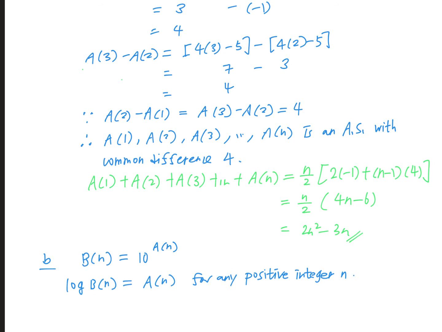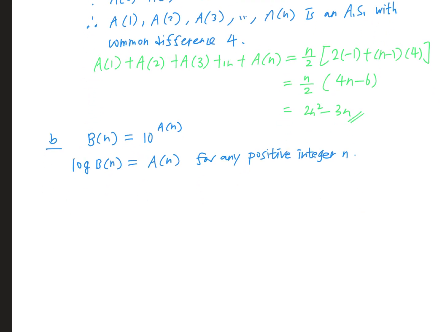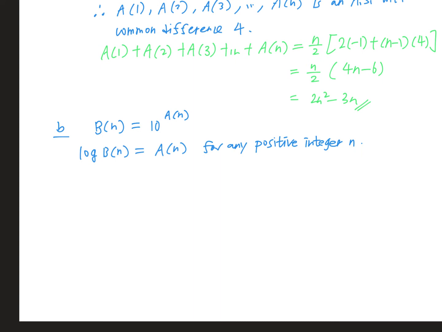Okay, so that's why here, the given inequality, log of b1 times b2 times b3 blah blah blah times bn, less than or equal to 8,000. Using the logarithm property, this is a logarithm of a product. We can split it into the sum of n logarithms.